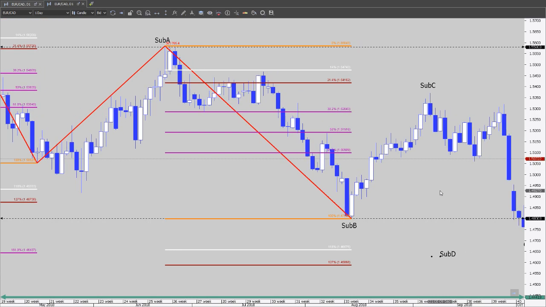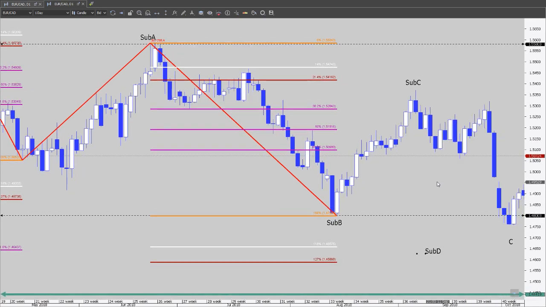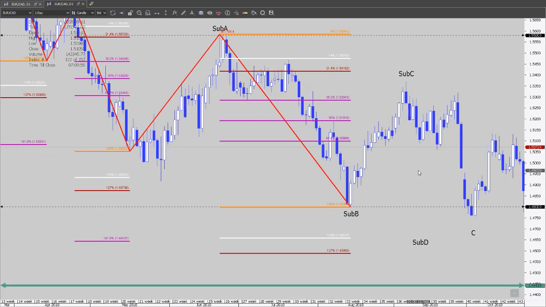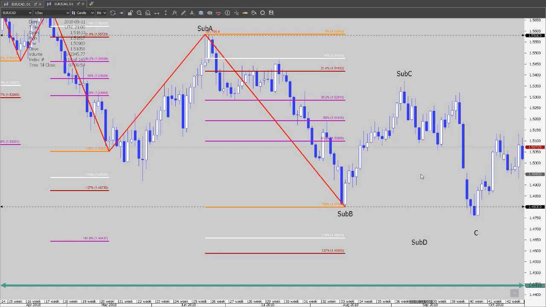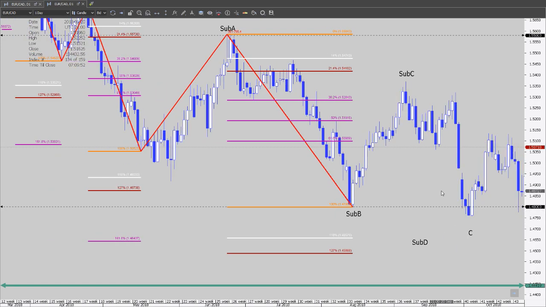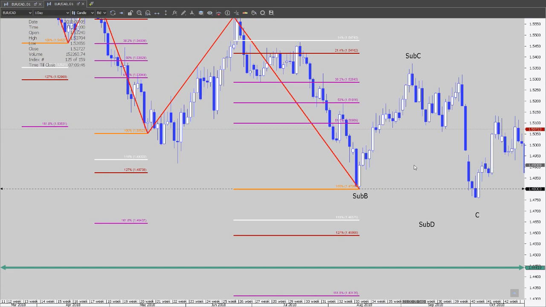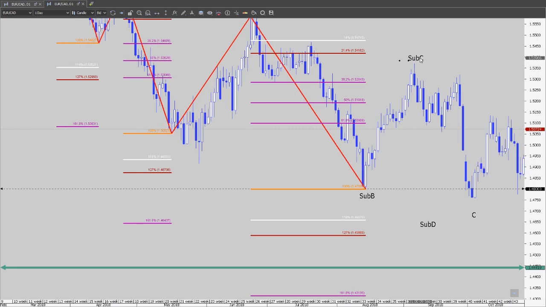So let's see what is going to happen. We have the new sub C, right? Oh, the market didn't break the capital A, right? So we have this sub C, which is in violet or in pink, right?